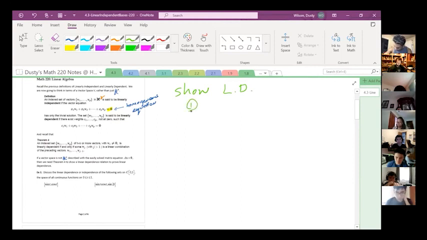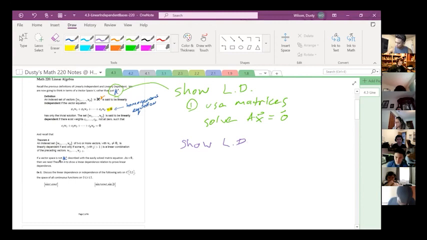I'll just use matrices. And you'll solve Ax equals 0, right? But the catch is that this only works when your vector space is Rn. And so if it's not Rn, if you want to show linear dependence and it's not Rn, then you're going to have to use the equation above, the theorem 4.